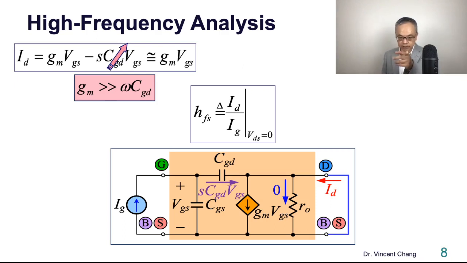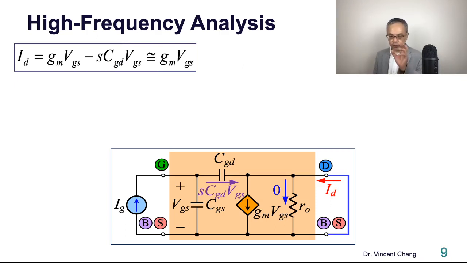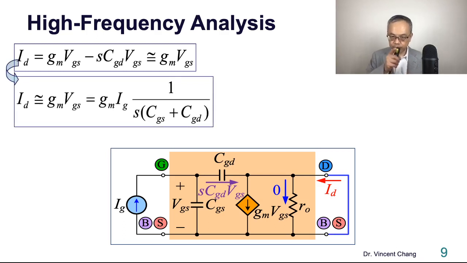All right. So now let's focus on the VGS. VGS now equals what? Equals the input current, which is the IG, the current flowing into the gate, times the impedance between gate and the ground. The impedance between gate and the ground is not just the CGS but also the gate to drain needs to be considered.